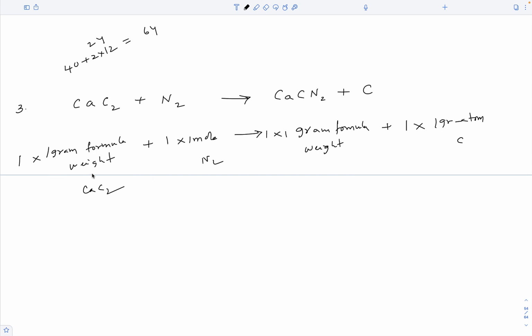So 1 gram formula weight of calcium carbide is 64 grams of calcium carbide multiplied with its stoichiometric coefficient, which is 1, plus atomic weight of nitrogen is 14, so 2 atoms of nitrogen in 1 nitrogen molecule, so molecular weight of nitrogen is 28. So 1 mole of nitrogen would be 28 grams of nitrogen multiplied by 1.